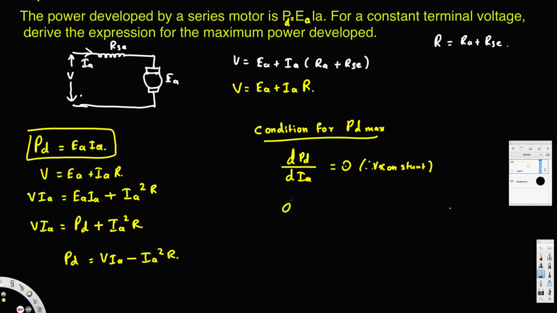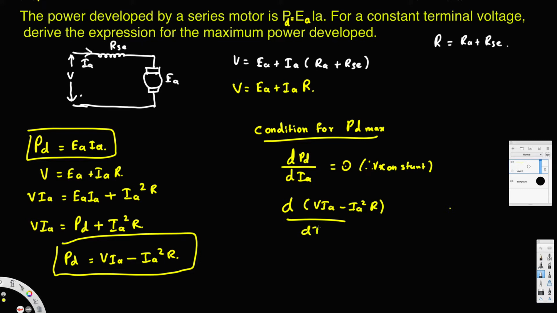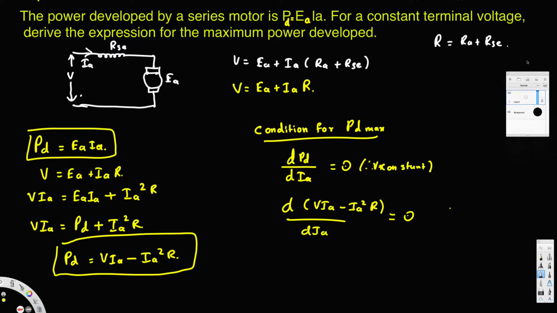Now, we derived the equation for PD here, VIA minus IA square R. So instead of PD, we plug that one right here: the derivative of VIA minus IA square R with respect to IA should be equal to 0 at the maximum power condition.